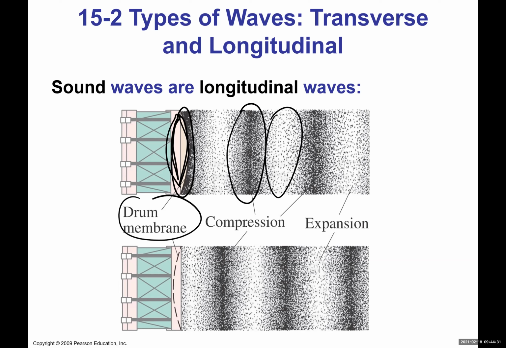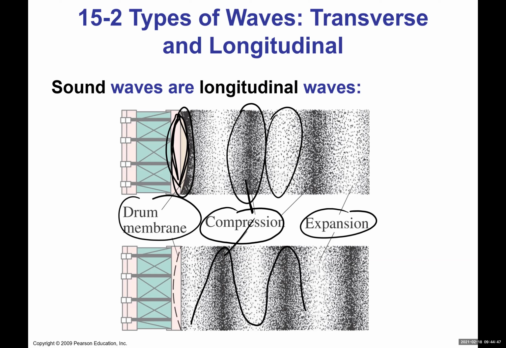This is known as a compression, where it's more dense, and then you have an expansion, where it's less dense. This compression can be modeled as the crest of the wave. So crest and trough, crest and trough, crest and trough, something like that.